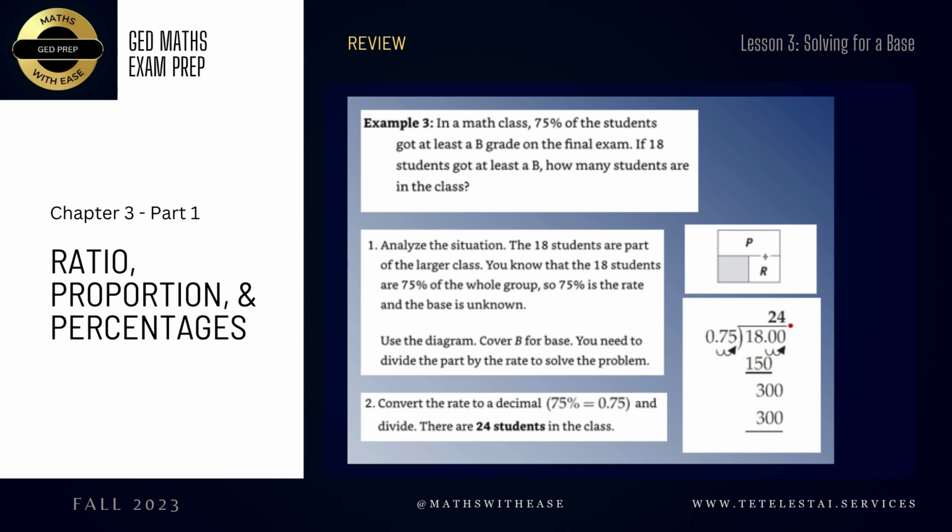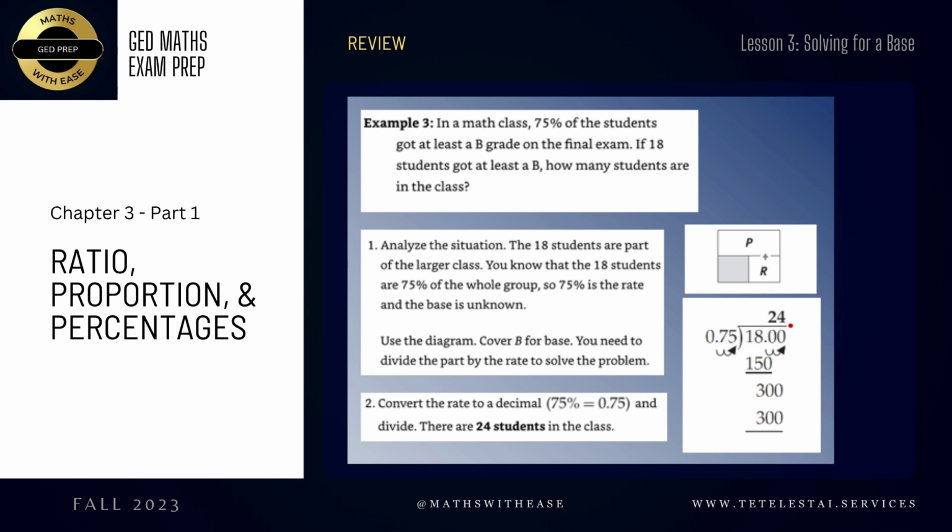How many times does 75 go into 1? It doesn't, so we move over to the next place value. How many times does 75 go into 18? It does not, so we move over to the hundredths place. How many times does 75 go into 180? The answer is 2. 75 times 2 is 150. And so we subtract. 180 minus 150 is 30, but we're not done.